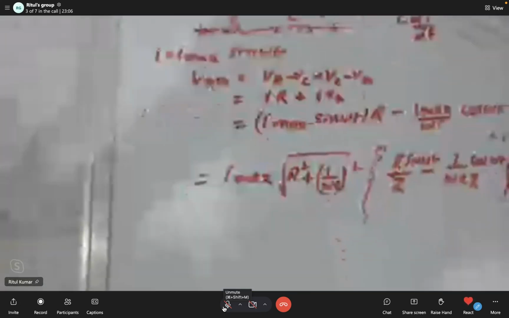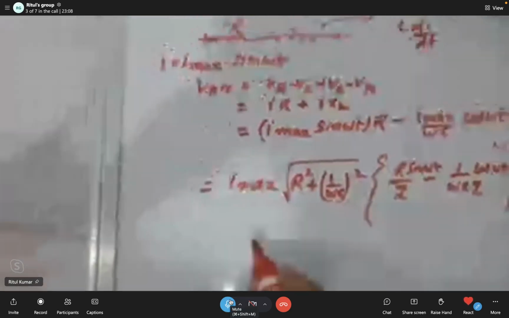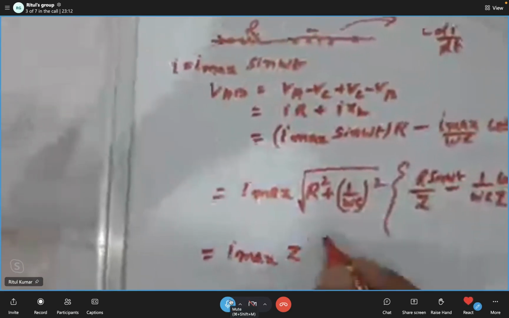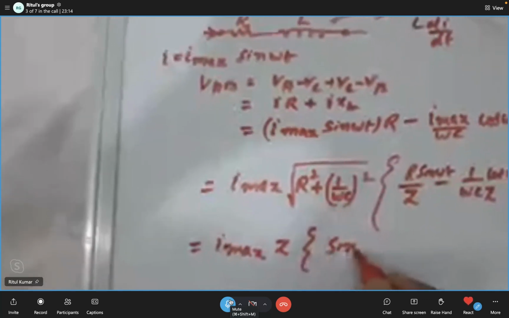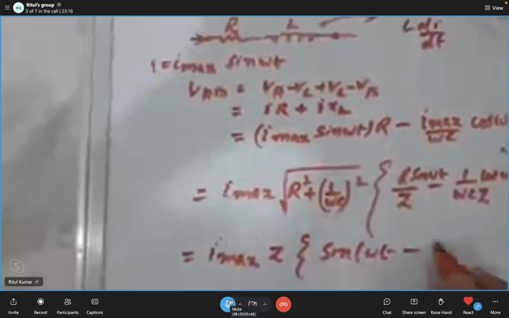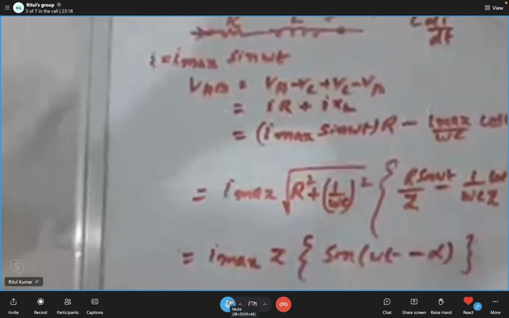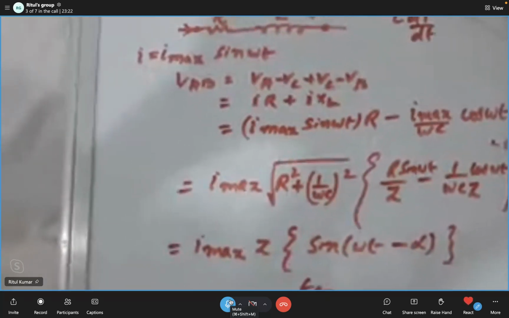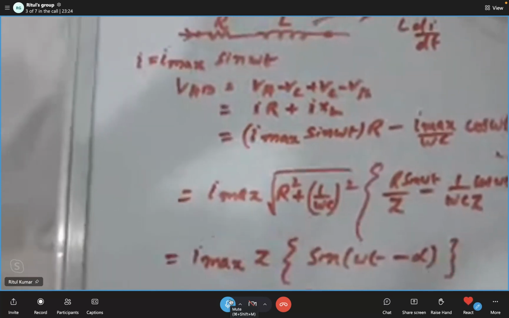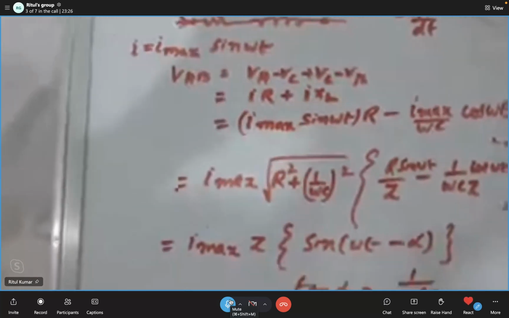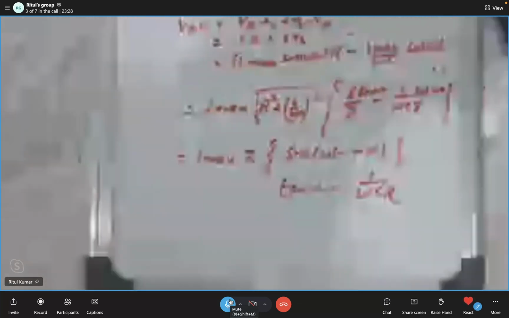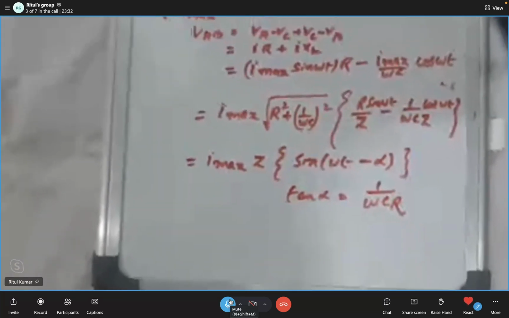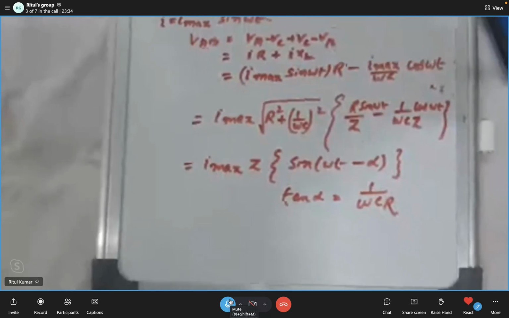Right? Yes, sir. So Imax Z, bracket open. What do we get this time? Sine omega t minus alpha, correct? Yes. Well, what is tan alpha? Tan alpha is 1 by omega C R. Yes. Okay, so this is what we get.